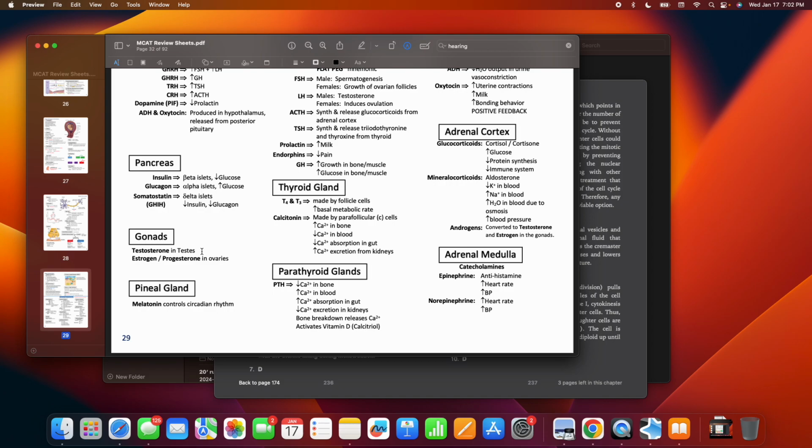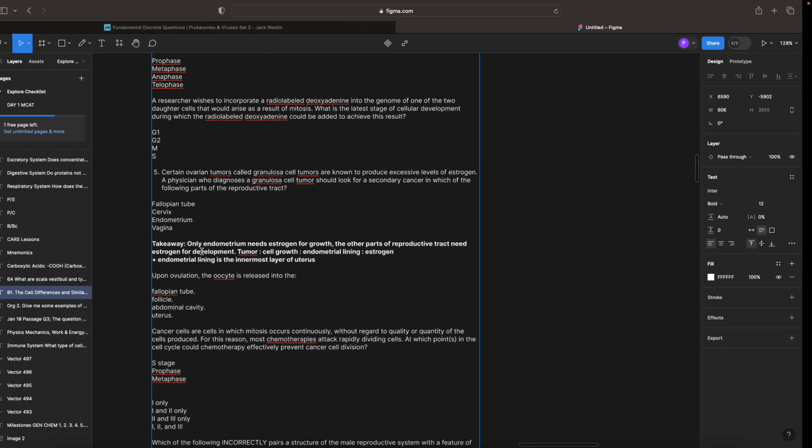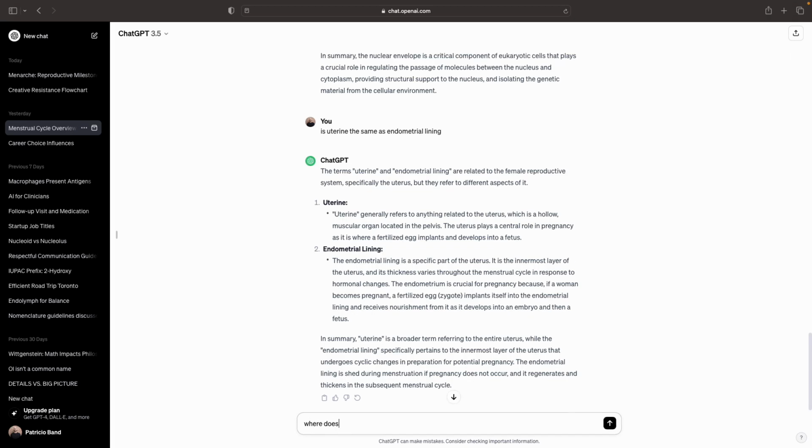Where does testosterone come from in females, if men don't have ovaries and women don't have testes?